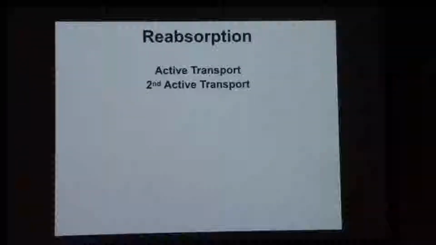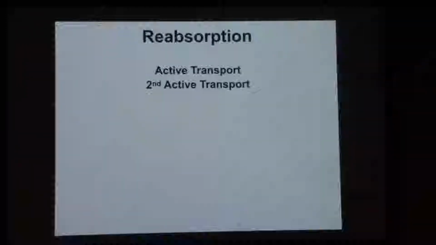Sorry, it creates a gradient, you said? Yeah, so the example we used at the very beginning of the semester is, you can pump sodium across the cell membrane. You've got a sodium pump, you use the energy from ATP, it moves sodium, and you've got a sodium gradient. That's great.